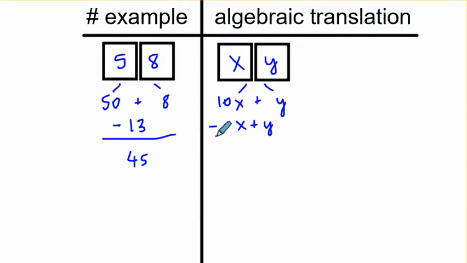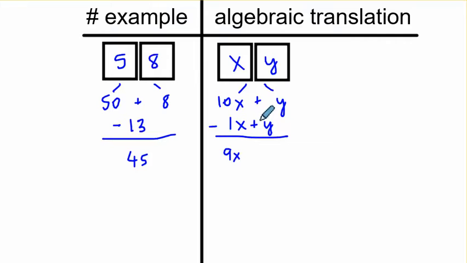Now this is where it gets interesting with the algebraic translation. I have a 10x and I'm subtracting an x, so I'm left with 9x. If it helps you to put a 1 as the coefficient here, be my guest. And then I have a plus y, and remember I'm subtracting this y.